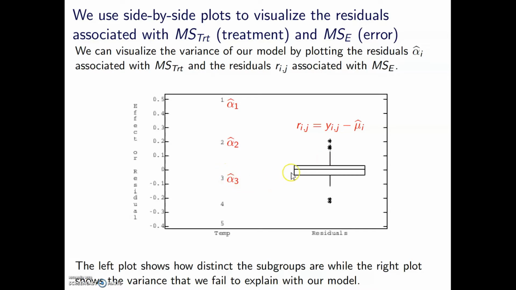In this side-by-side plot, we plot the values alpha sub i in one column and the errors r sub ij in another column. These errors basically give a standard that gives us an idea of how far alpha is from 0.